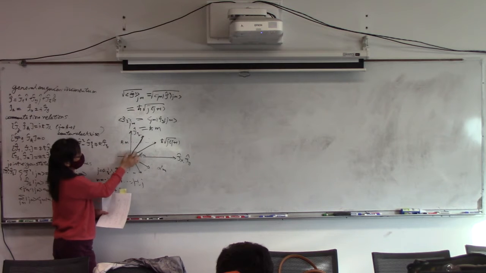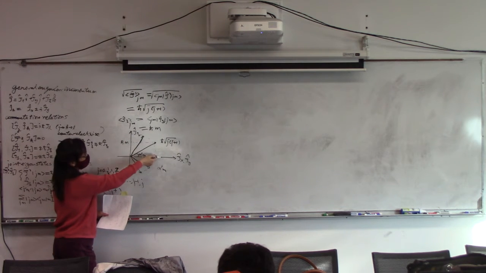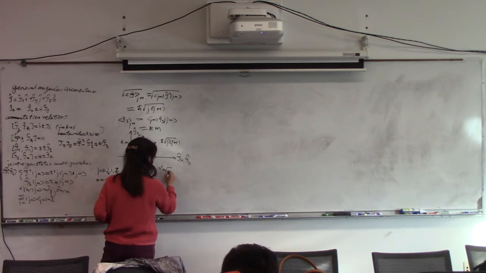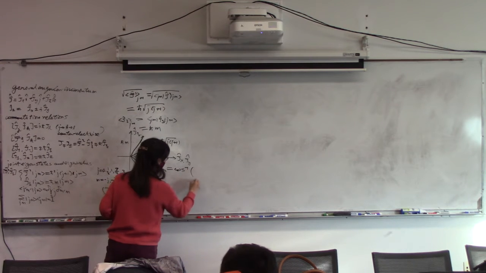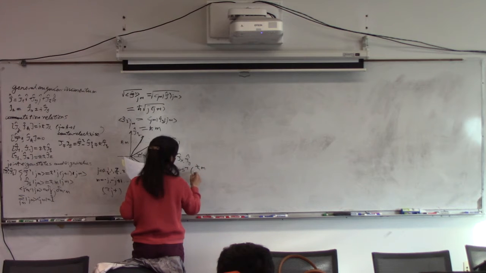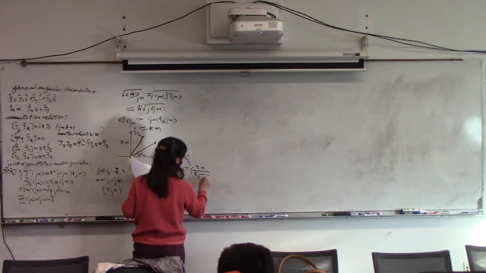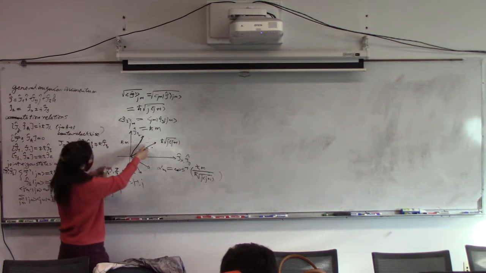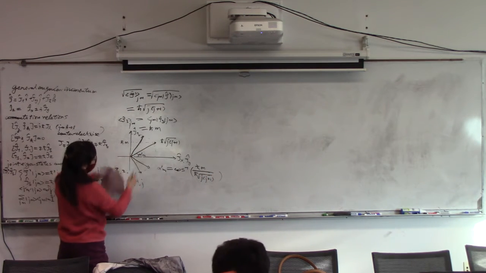It depends on the angle of the total angular momentum with respect to Jz, and it is the cosine inverse of ħm over ħ√(j(j+1)), that is the magnitude.